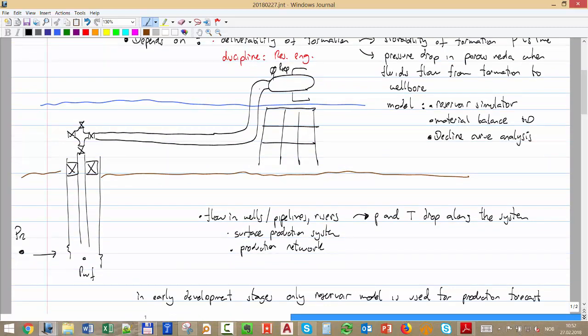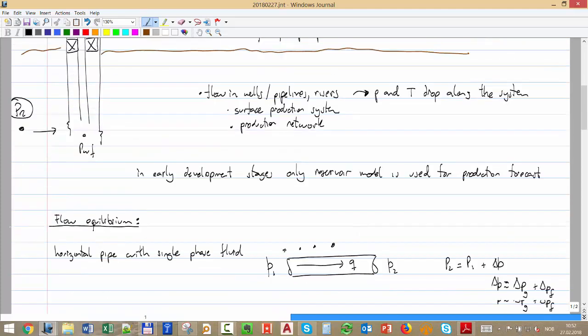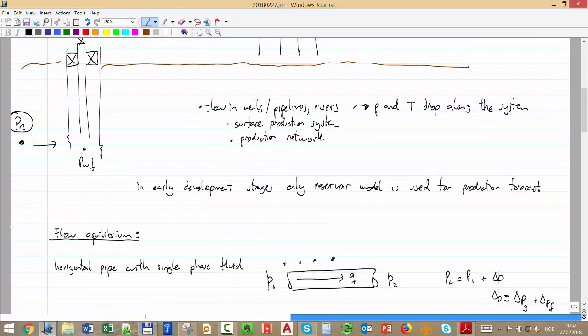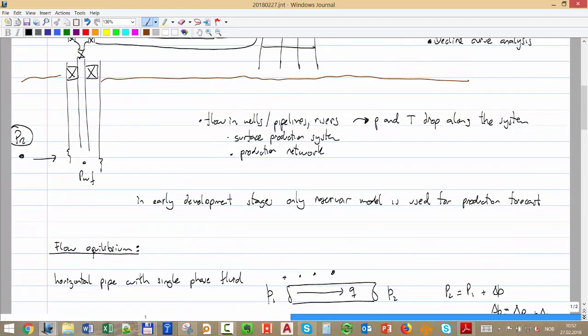And now if you go and see where the pressure is kept constant in the rest of the system, the other point is this reservoir pressure, right? That's the other point where I have my pressure fixed. And PR is a function of time, okay?